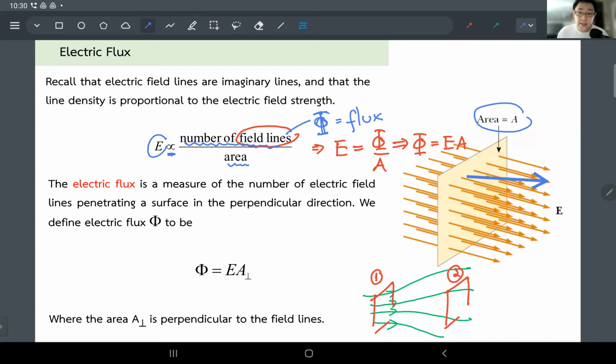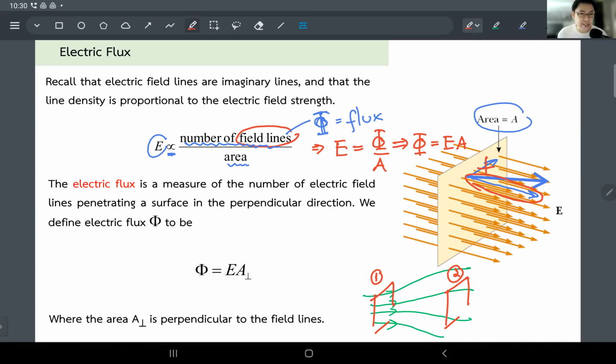How will we deal with this? Easy. We can break it into two components. You can do a horizontal component and a perpendicular component. You guys with me here? And you only take into account this one, and you throw away this component there.